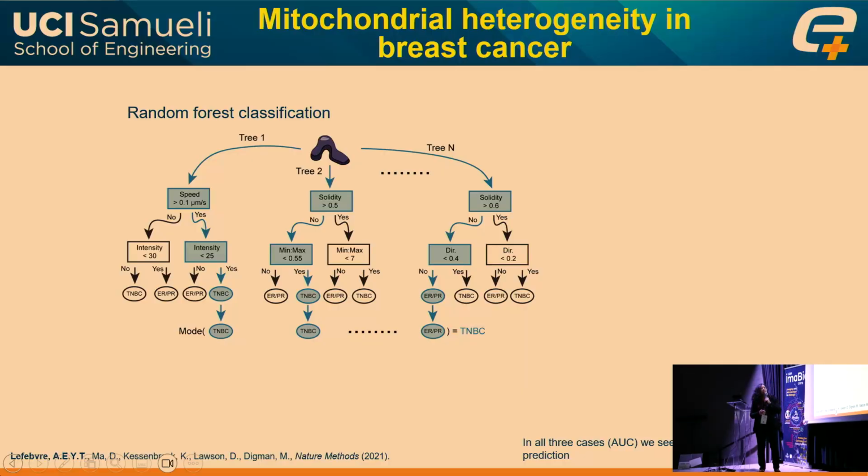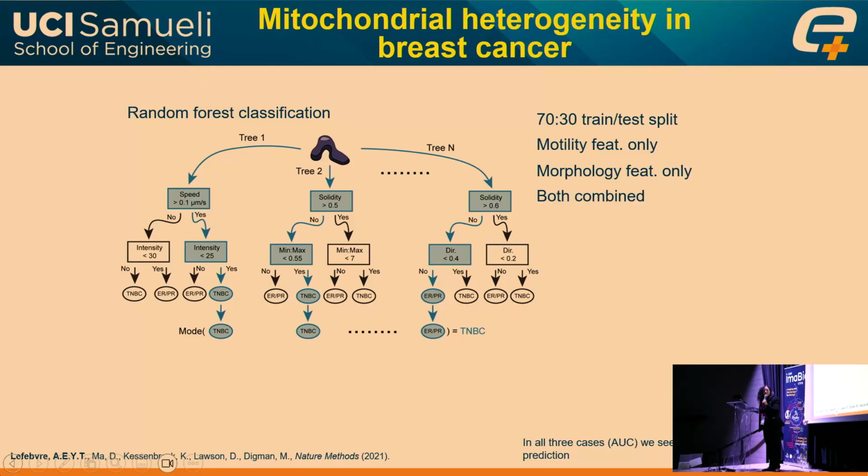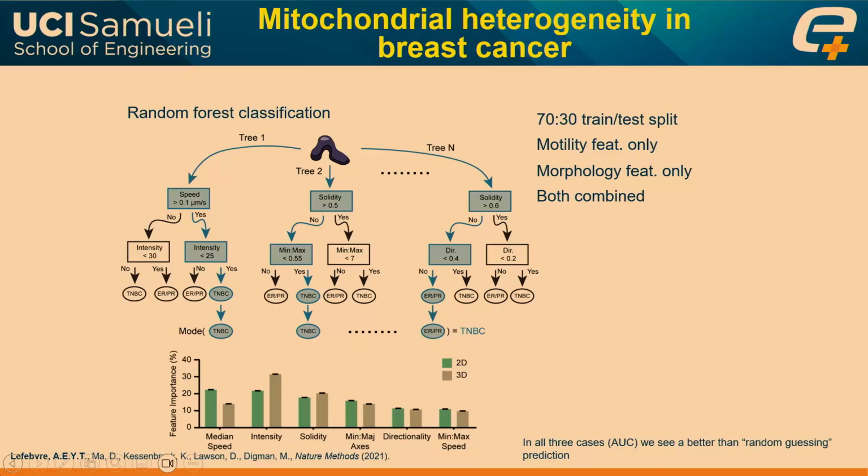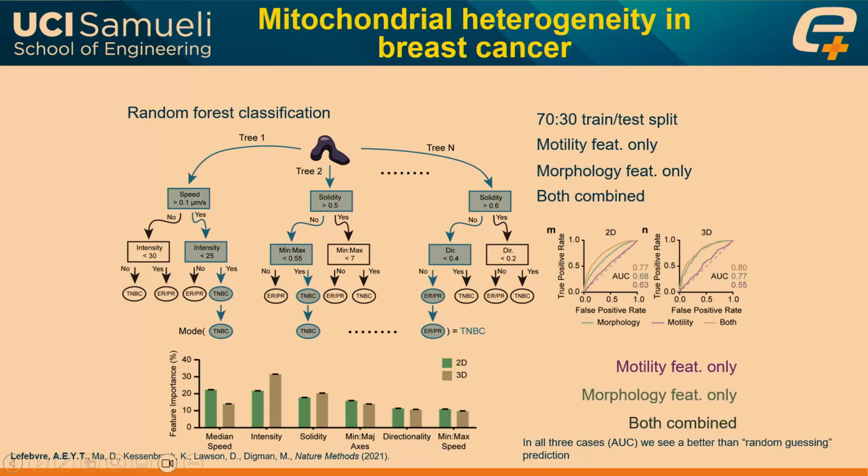So all this data can be put in a random forest classification system, and you can use different, let's say, train sets, and by looking at the motility features, both combined or morphology features, to calculate the feature importance. And that's important if you're trying to identify cancer cells that are perhaps more chemo-resistant than non-chemo-resistant.